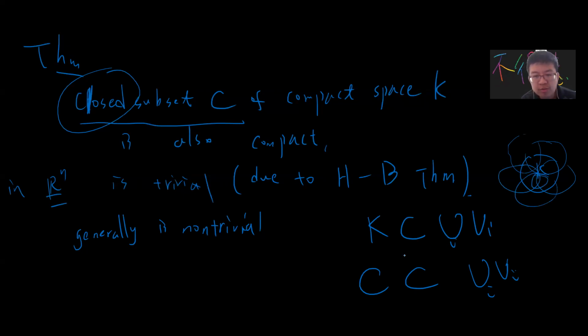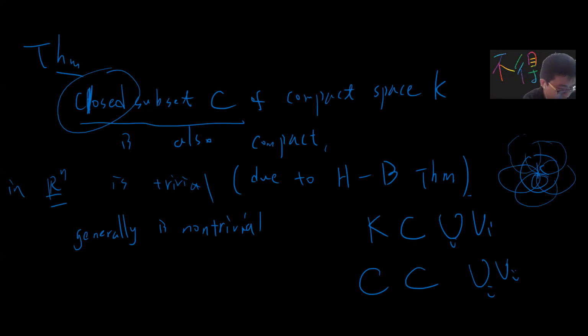Now there's a finite subcover of K, but it doesn't necessarily mean that C always has a finite subcover, because there may be some cover which does not cover K but covers C. So this proof is not okay because I start from K. But in any case, you can take the complement of C and put it in the cover of K, and then you can prove this result.